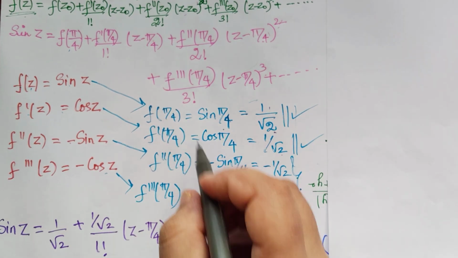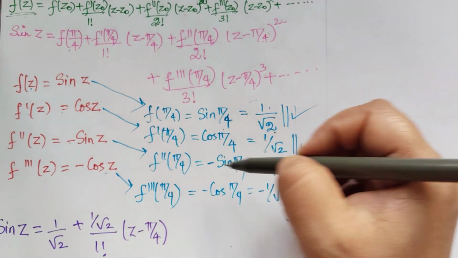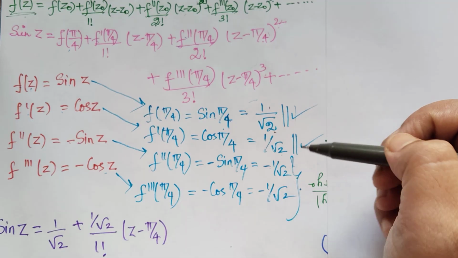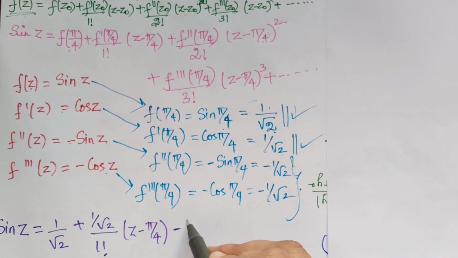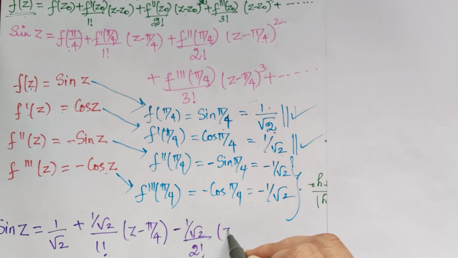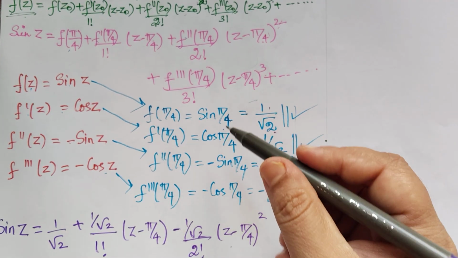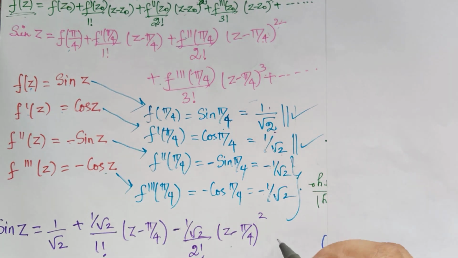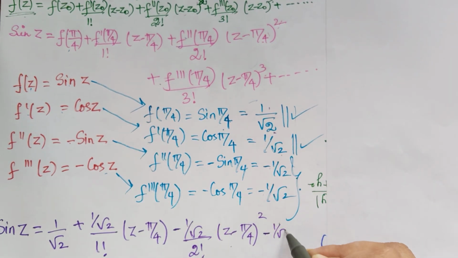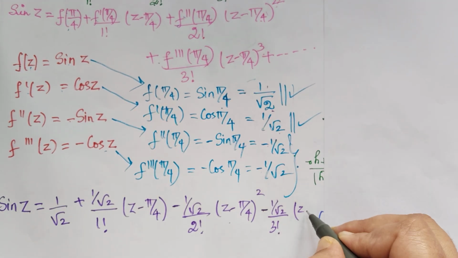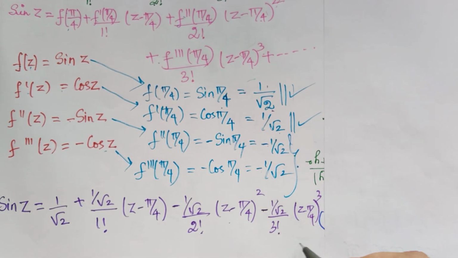And then we have f double dash of pi by 4 which is minus 1 by root 2, and so we can write it as minus 1 by square root of 2 by 2 factorial multiplied with z minus pi by 4 the whole square. The next term is also negative, and so minus 1 by square root of 2 by 3 factorial multiplied with z minus pi by 4 the whole cube plus etc.